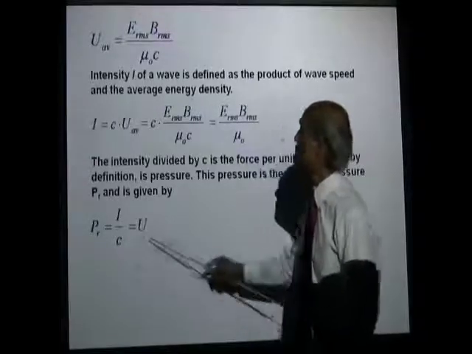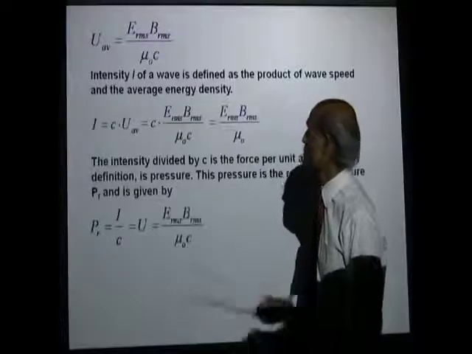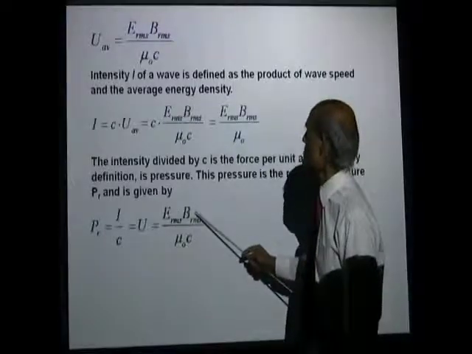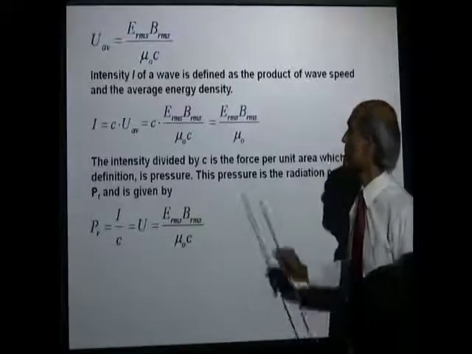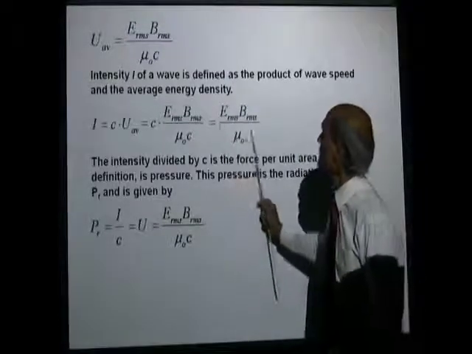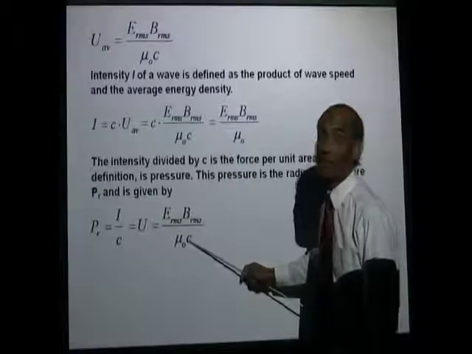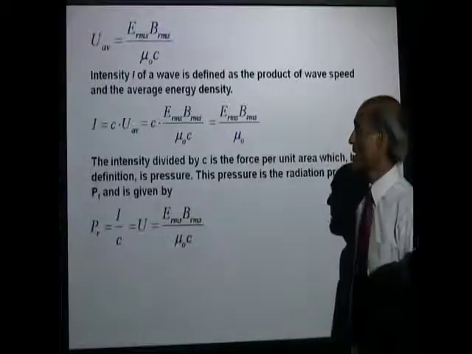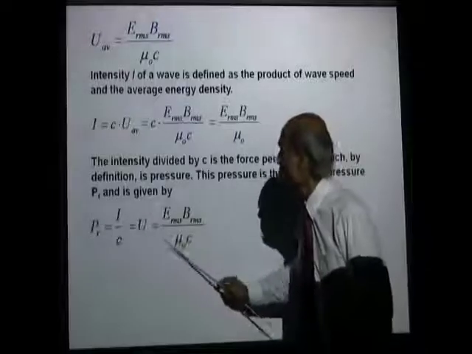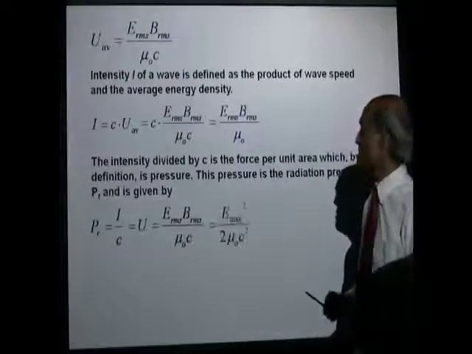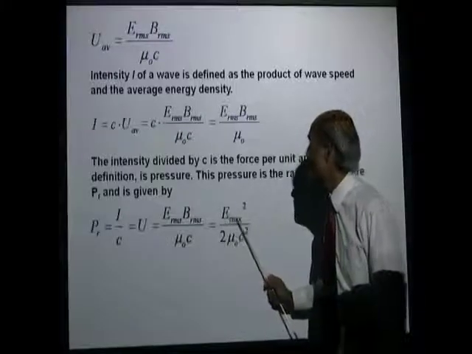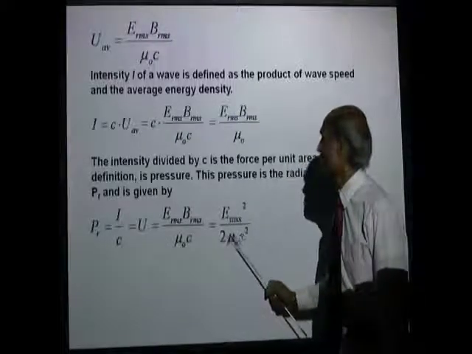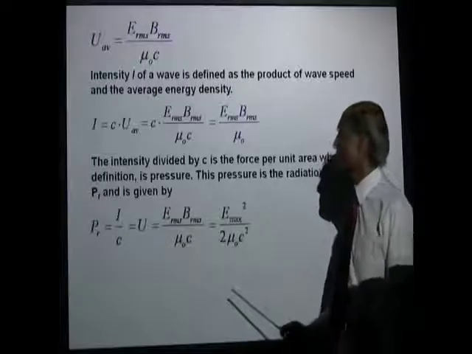And that is equal to E RMS B RMS divided by mu 0 C. In other words, this is I. If you divide that by C, you get mu 0 C squared in the denominator. So that is an expression for the radiation pressure. You can also write it as E max squared divided by 2 mu 0 C squared.